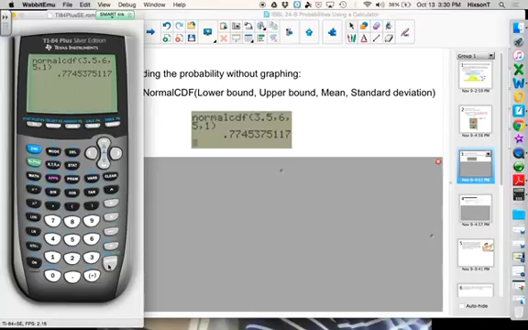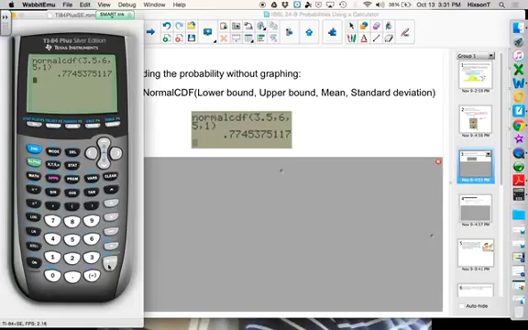On the Nspire, it's just like the norm PDF. It's not normal, it's just norm, N-O-R-M, CDF. I don't know why they changed the name between versions, but okay.